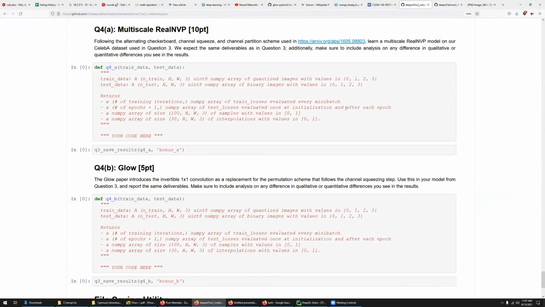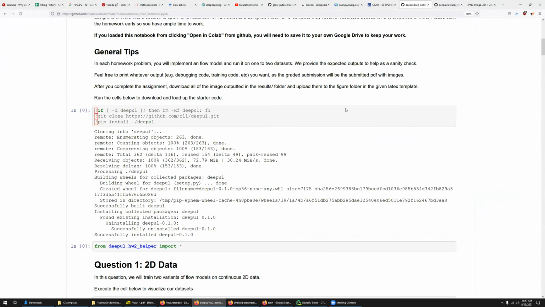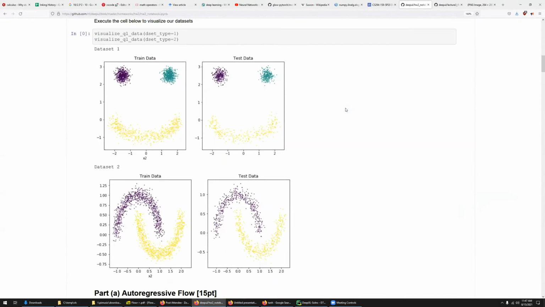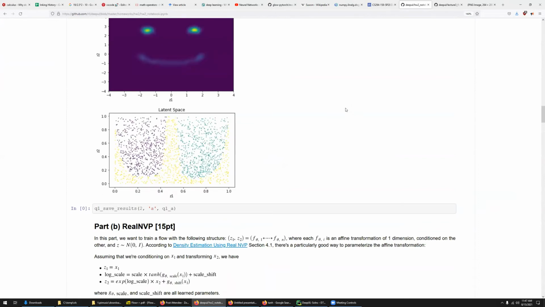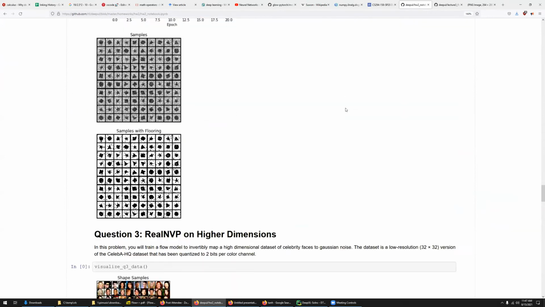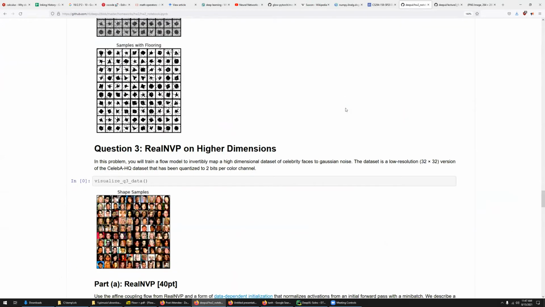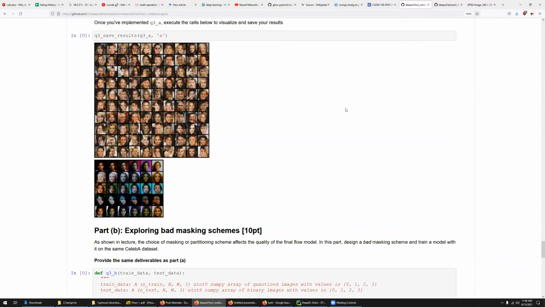And in the homework, it was the same questions. The first one is the autoregressive data set that we did, part of the real NVP one. And then we do it for images, that's also the one we looked at. And then the real NVP for faces using checkerboard and channel filters.